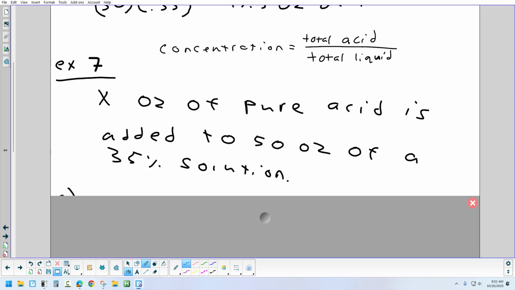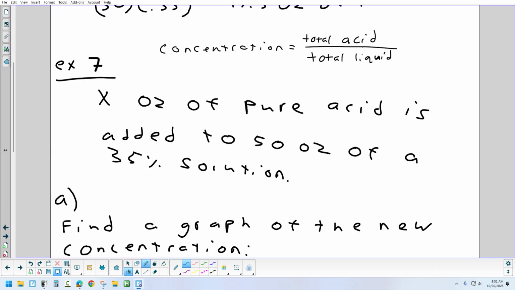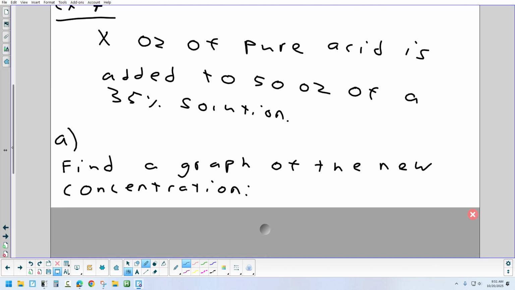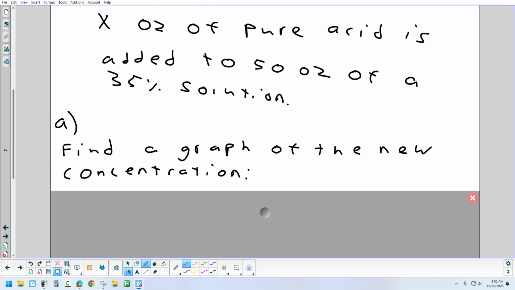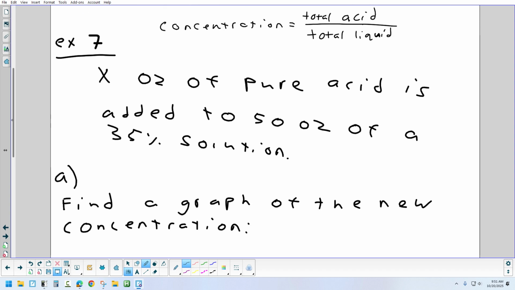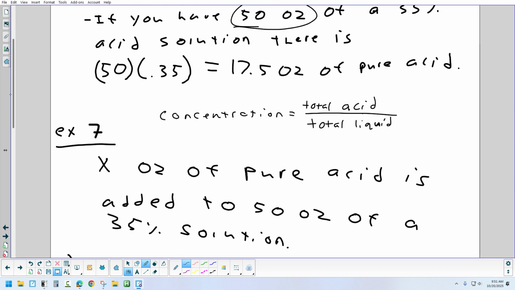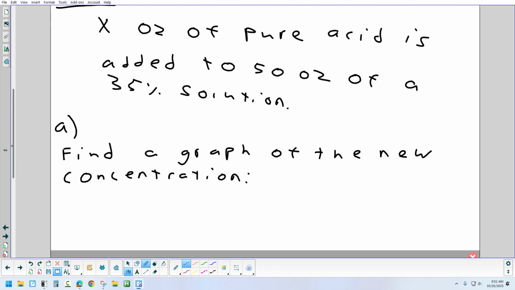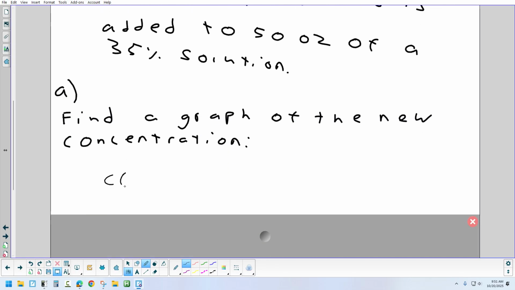It's going to go up. It's going to get stronger. I'm trying to make it stronger. I want to graph the new concentration. Let's use our formula. Concentration is the total acid over the total liquid, and the concentration is going to be a function of how much I pour in. The more I pour, the higher it gets.